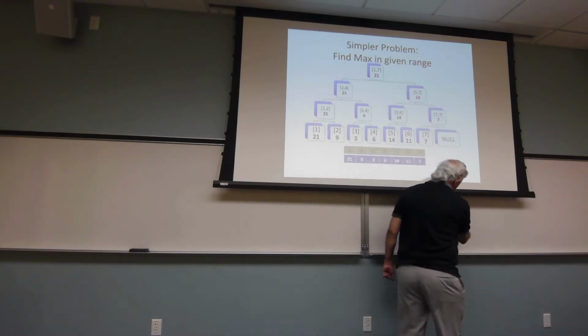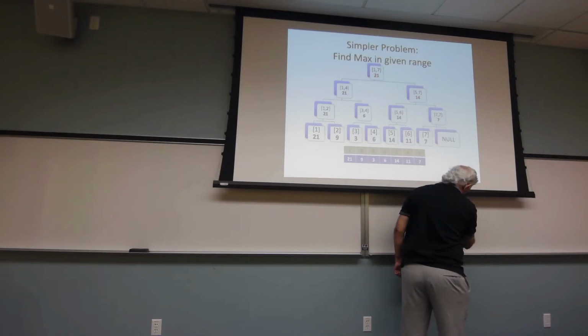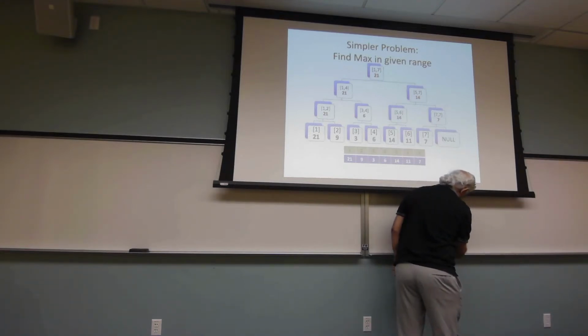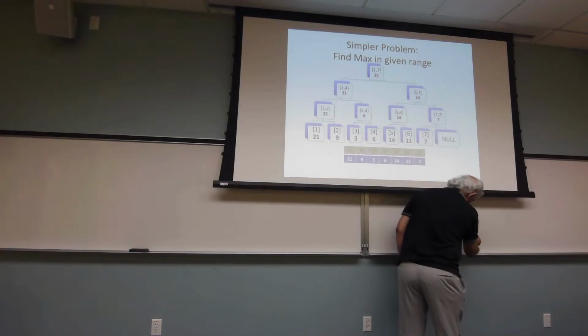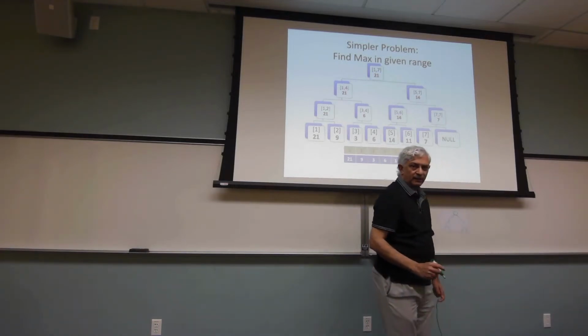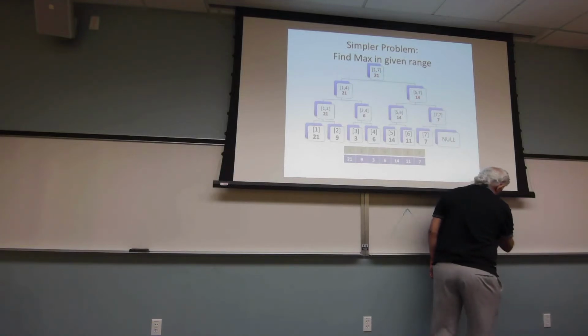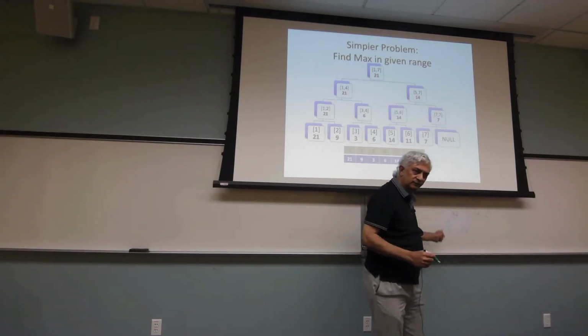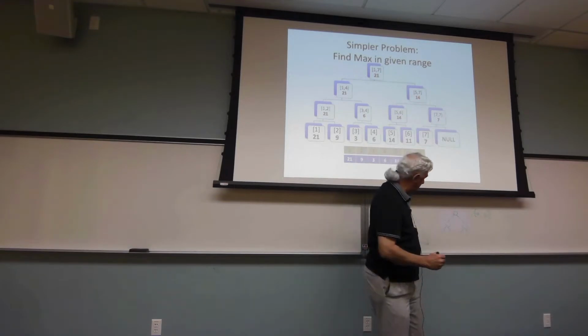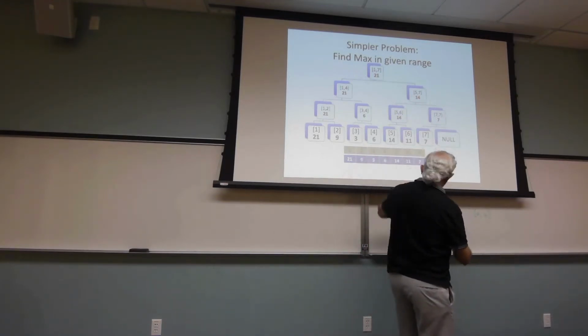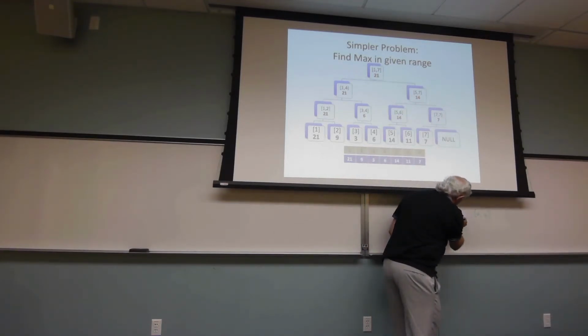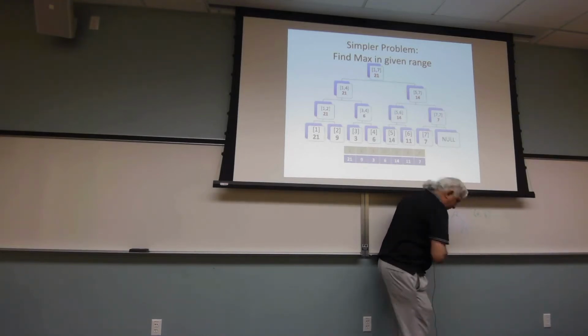You're going to start at the root, and you're going to either go left or right, and so on. If you're given a range A to B, your job is to first find A in this tree. And remember, everything is a leaf in the tree, so it's going to go down the tree somewhere, and this is where A is going to be.